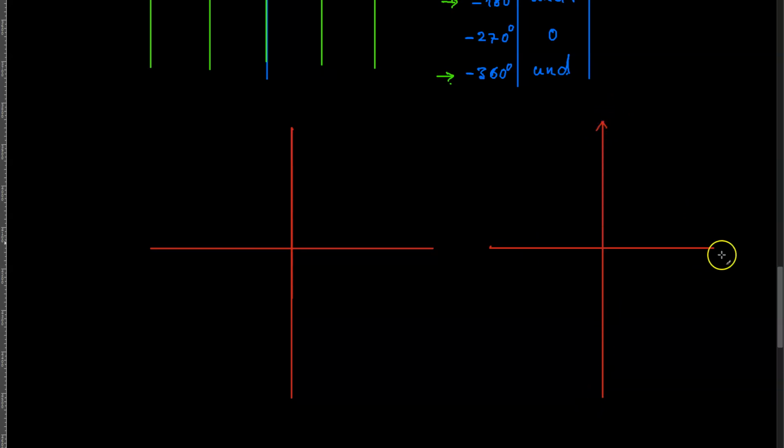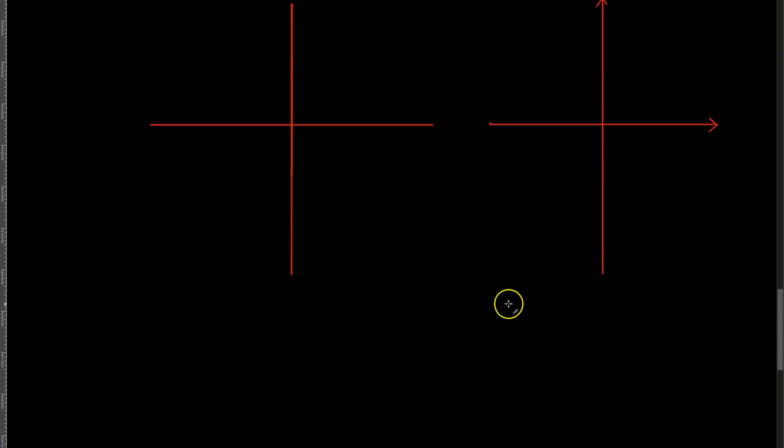The difference between the tan function and the cot function is that, of course, the tan function is undefined at odd multiples of pi by 2.